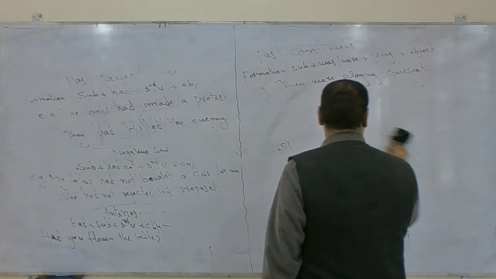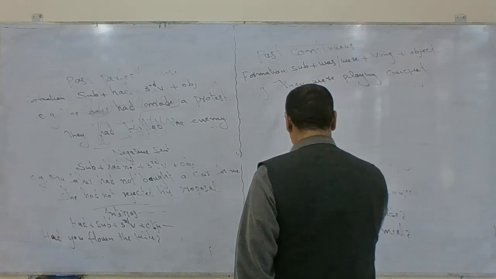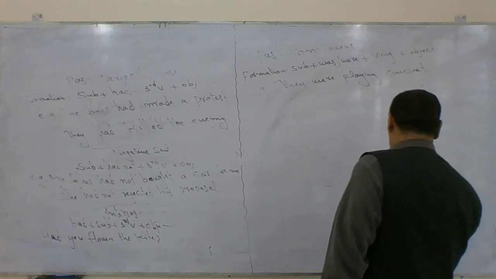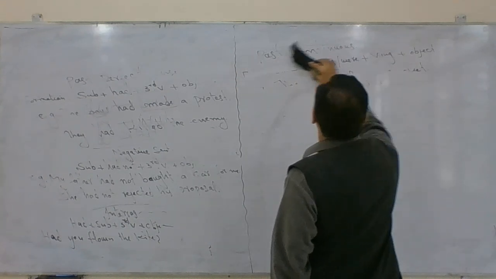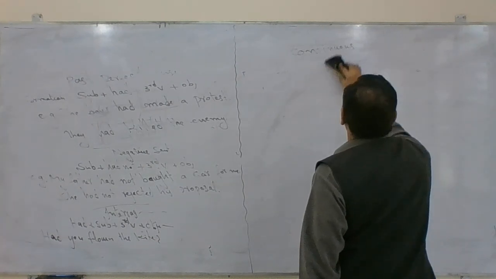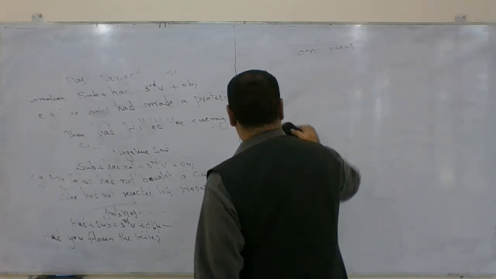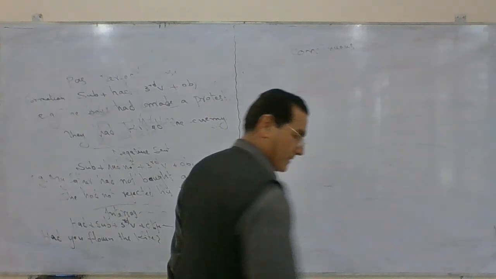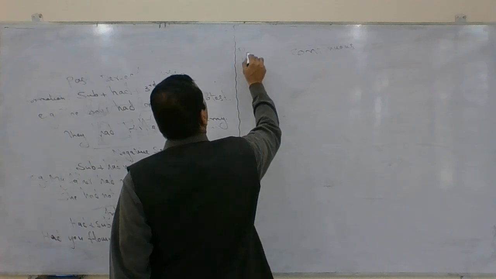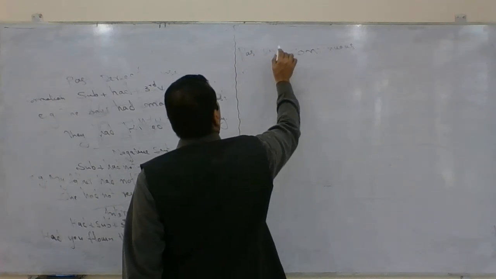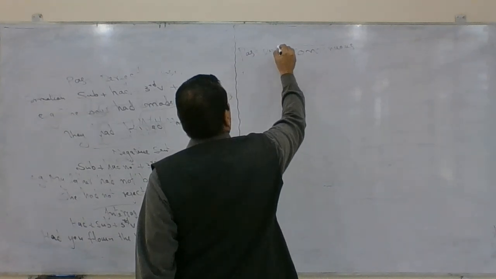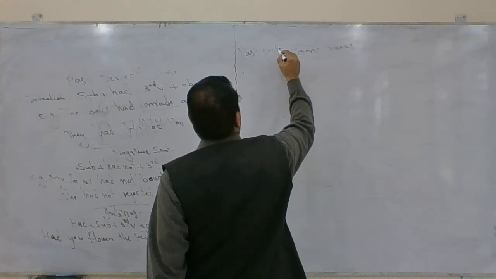Then another thing is there, past perfect continuous. Past perfect continuous. At the same time, it is perfect and then continuous too.